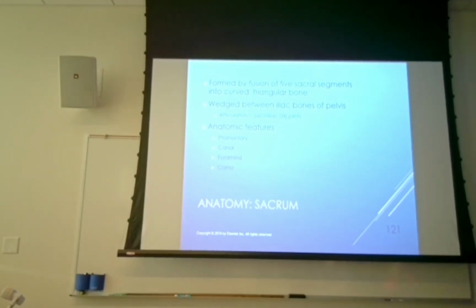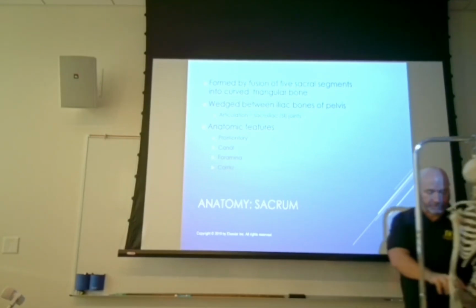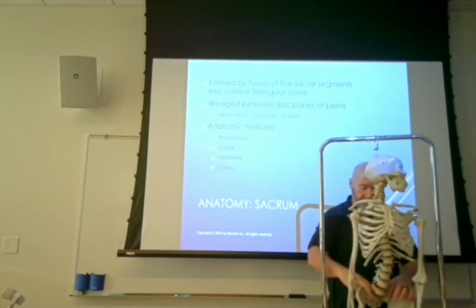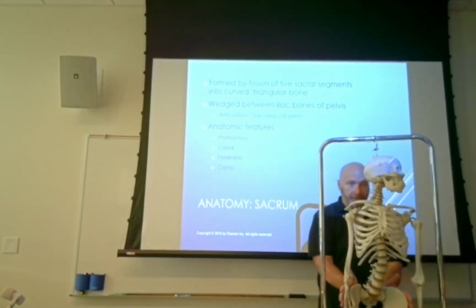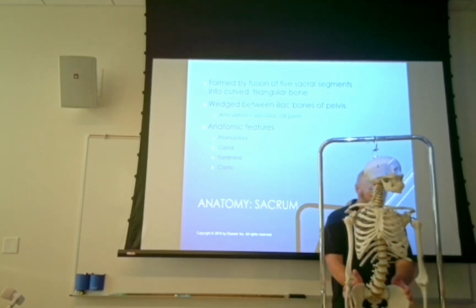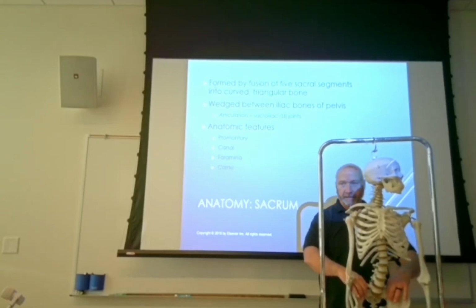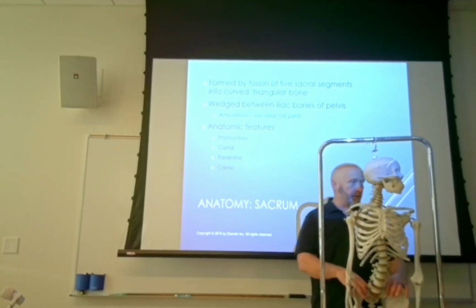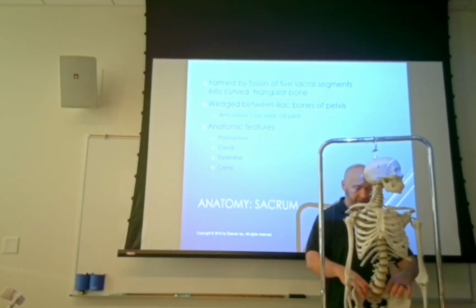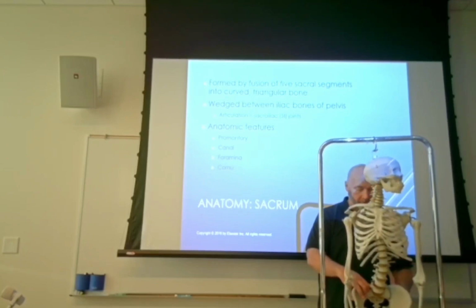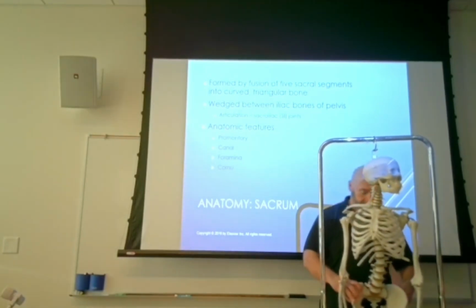So the iliac bones here, and then we've got the sacrum, and the iliac kind of wraps around the backside of the sacrum, so that we've got a fibrous joint there, and it doesn't move much. It might move slightly, but not very much. But it is a site where we see some arthritis.